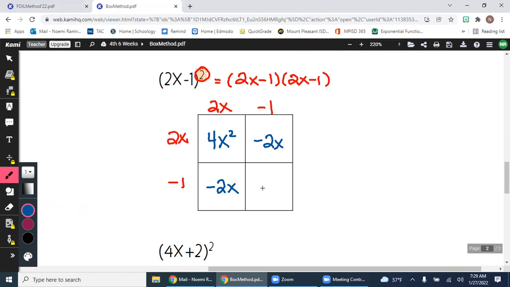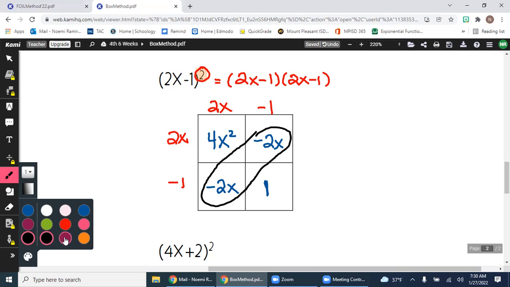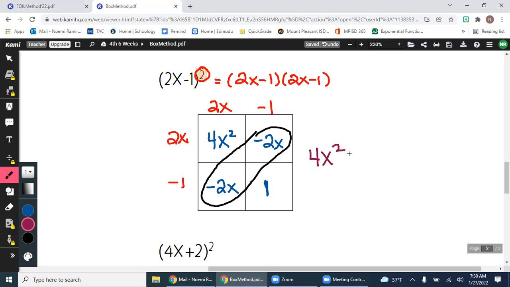And -1 times -1 is a +1. Okay, combine your diagonal. So 4x squared, -2 minus 2 is -4x, plus 1, and there's your final answer.